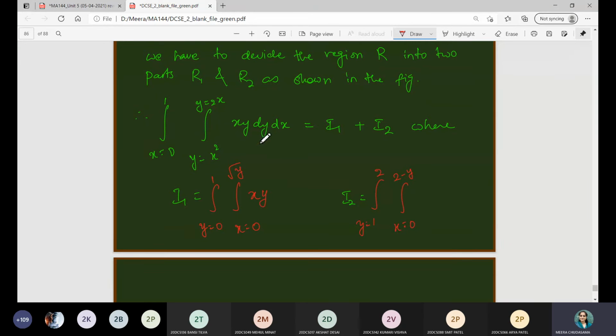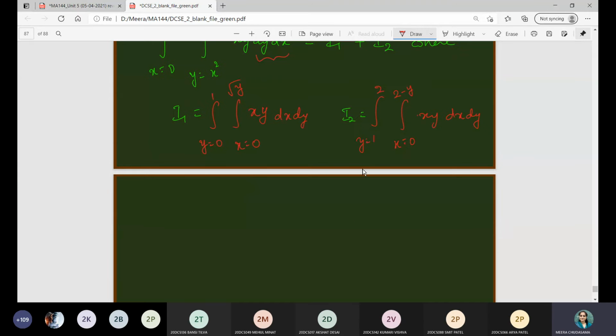Integrand will remain same, but now this order is changed. That is, it is xy dx dy, right? So quickly I will call this the star equation because we are going to substitute the values in the star. So quickly solve this I1 and I2 and let me know the answer.